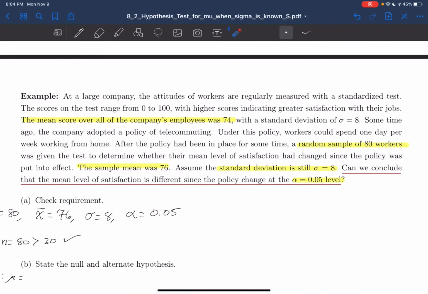It's saying, can we conclude that the mean level of satisfaction is different since the policy change? And before the policy change, they had a mean satisfaction score of 74. So this is asking if we can conclude that it's different. It's not asking if it's greater than or less than 74. It's just asking if it's different.